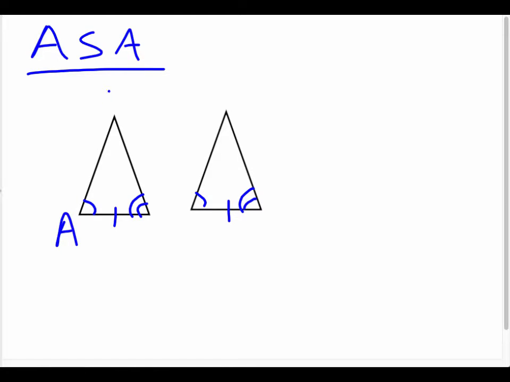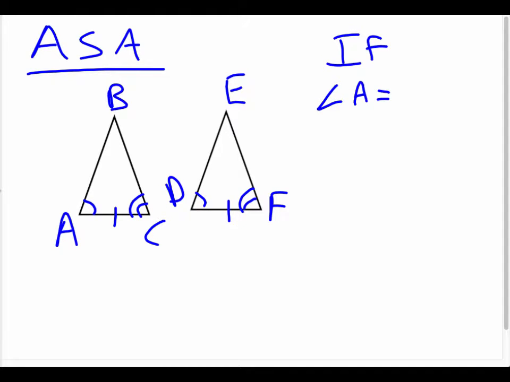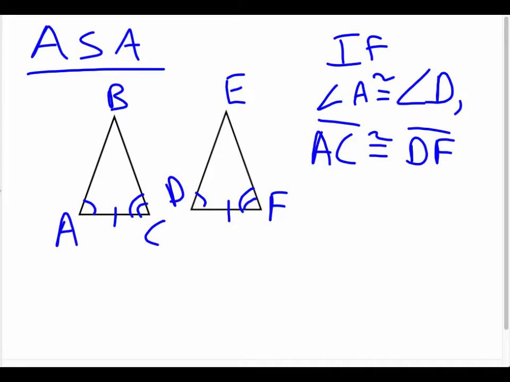And so let's just label these. I'm going to call this A, B, and C, and we will call this D, E, and F. And so the angle, side, angle theorem is if angle A is congruent to angle D, and line segment AC is congruent to line segment DF, angle C is congruent to angle F, then here's the theorem.